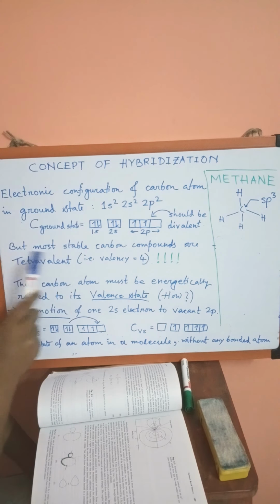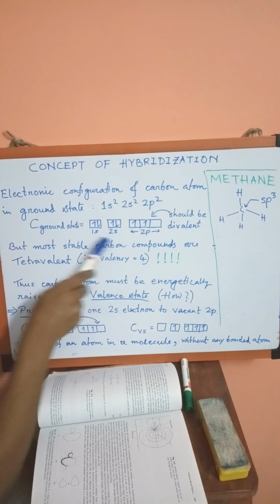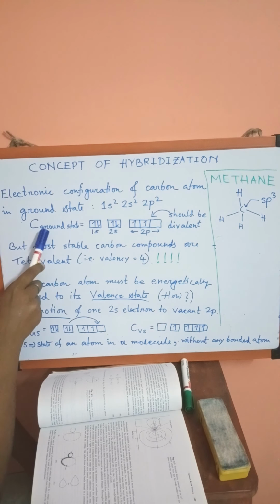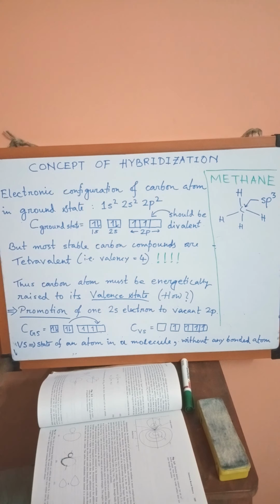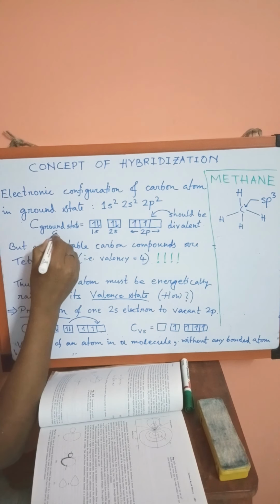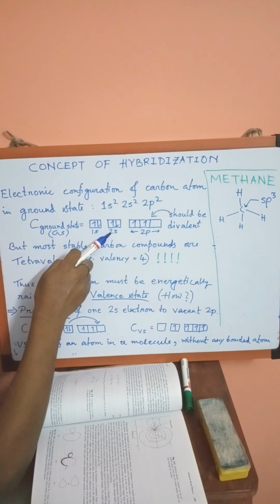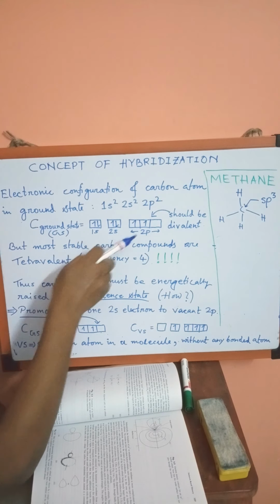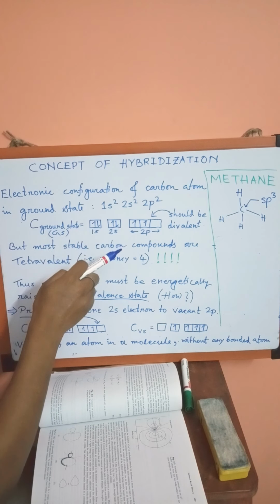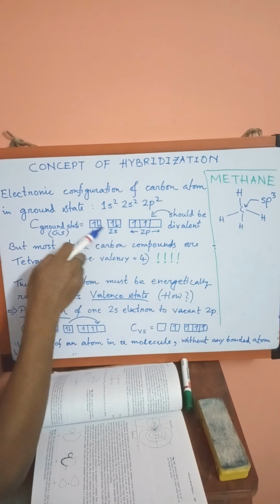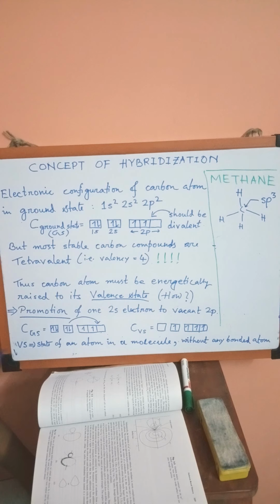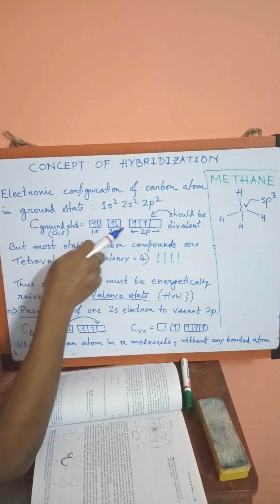Sometimes it is written as GS. So carbon in ground state has electronic configuration 1s2 2s2 2p2. This is how you can represent an electronic configuration within an orbital. So this is 1s, this is 2s, this is 2p.